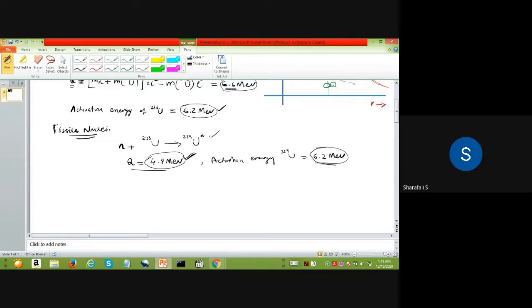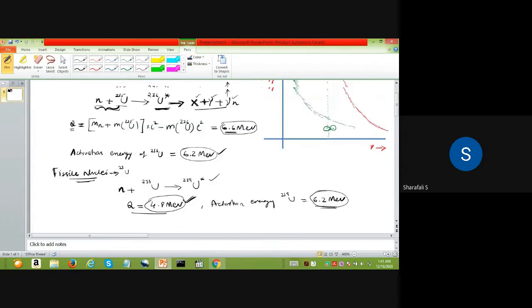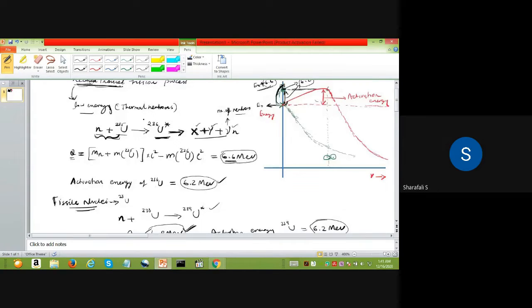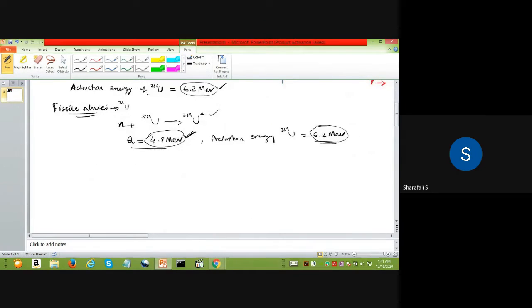Another example of this type of nuclei is uranium 235, that we just discussed here, absorbing that neutron. There are some other examples of fissile nuclei.